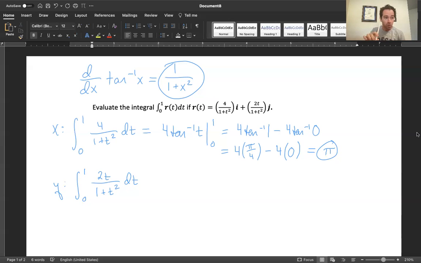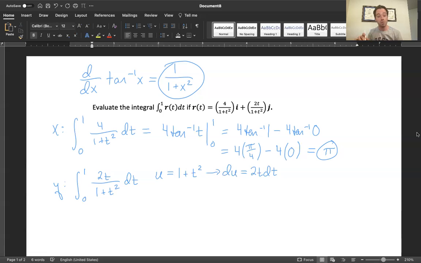Now there are a couple ways to do this. Hopefully you'll recognize that the way that we're doing it here is equivalent to what you're doing in your class, even if it might not look exactly the same. If we take u to be 1 plus t squared, then that makes du equal to 2t dt.